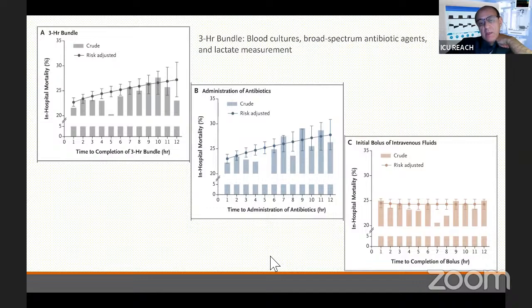He de-resuscitated the patient and the hemodynamic profile improved. But he started the de-resuscitation based on the fact that the patient was fluid overloaded, and he had huge venous congestion indicated by the ultrasound.